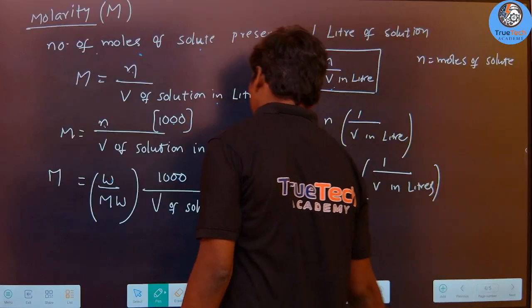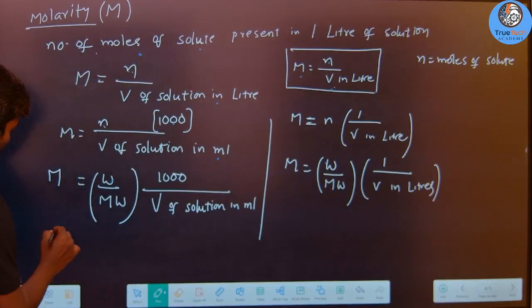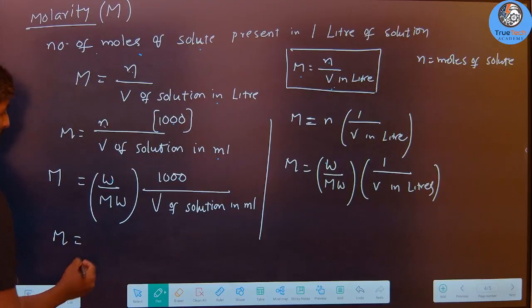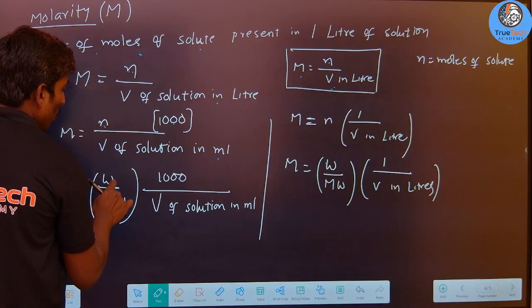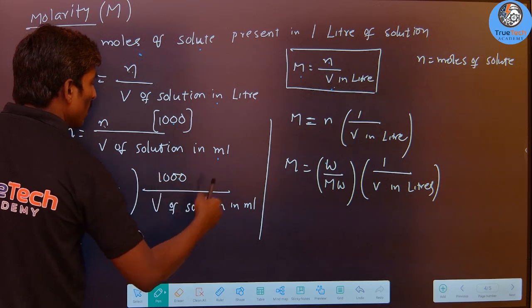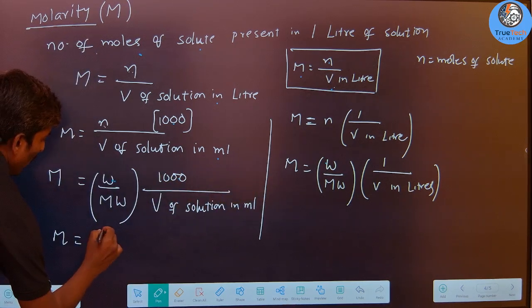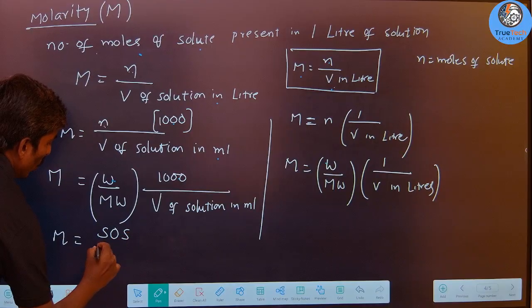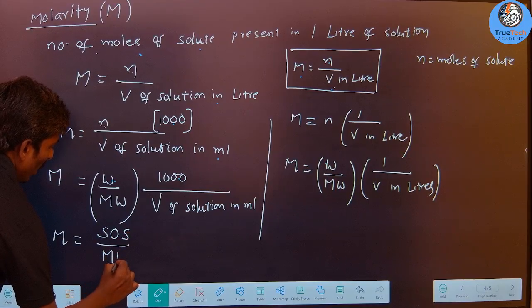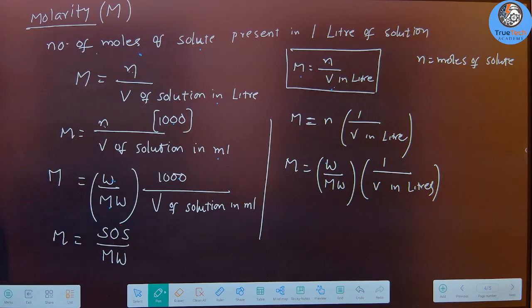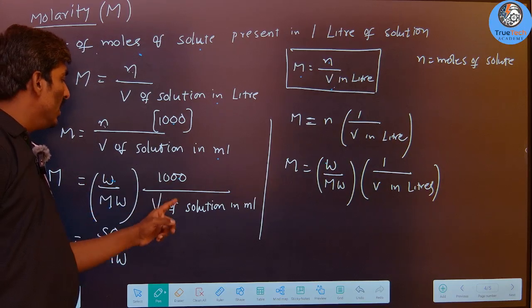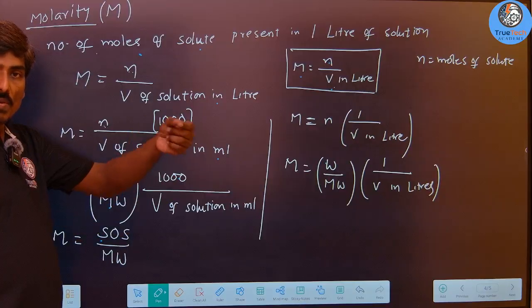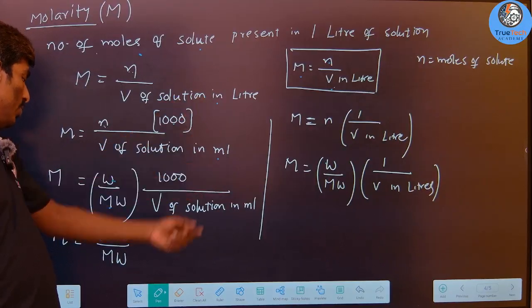So if you observe here, from here we can modify. Molarity equals W into 1000 by volume of the solution, divided by the molecular weight. These three terms are replaced by the previous definition, strength of solution.